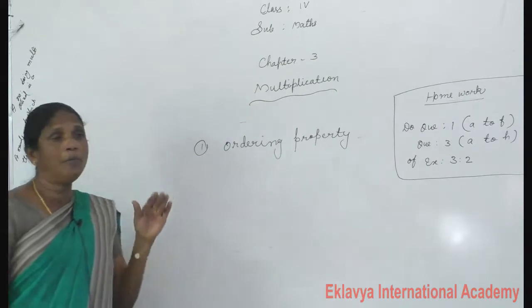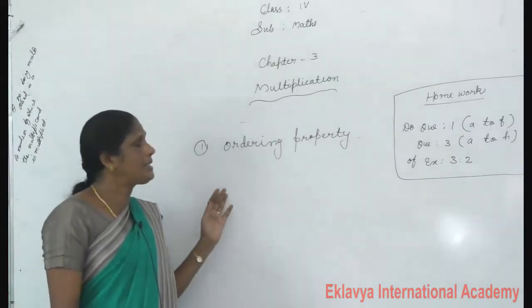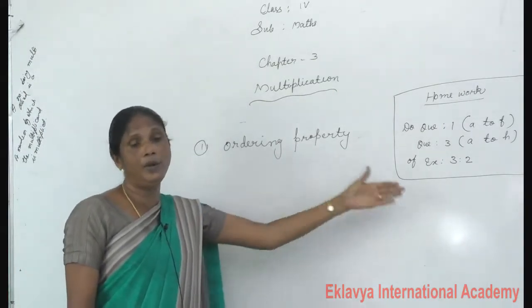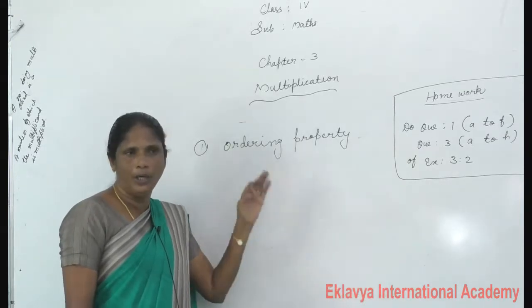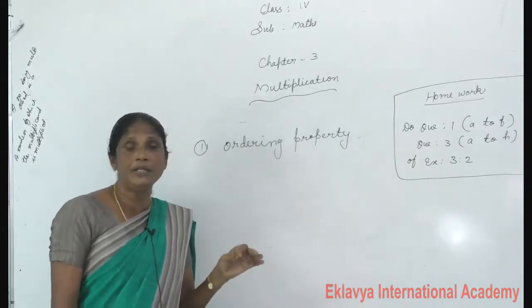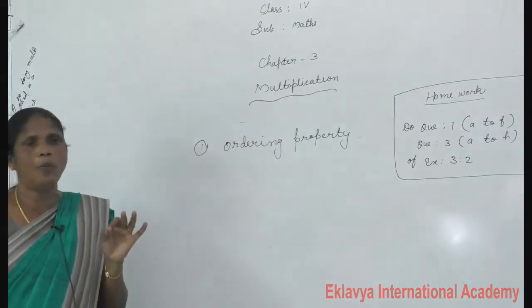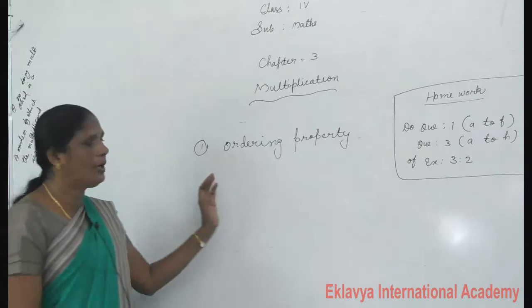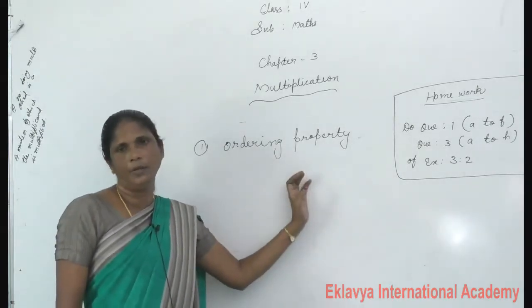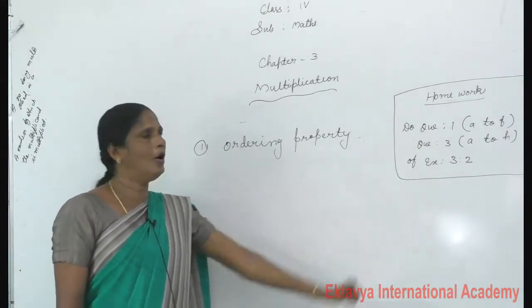In the ordering property, we change the numbers in any order. That property is called the ordering property.